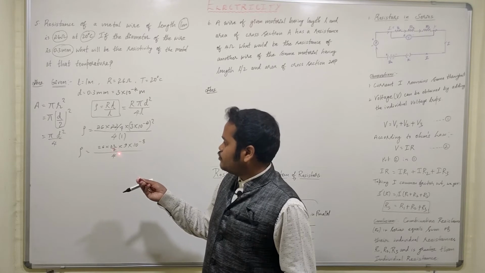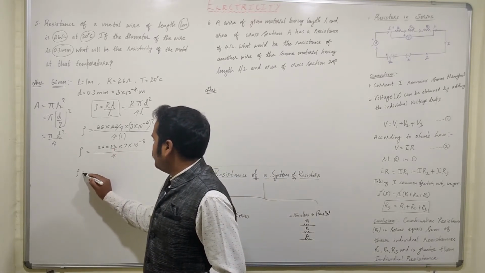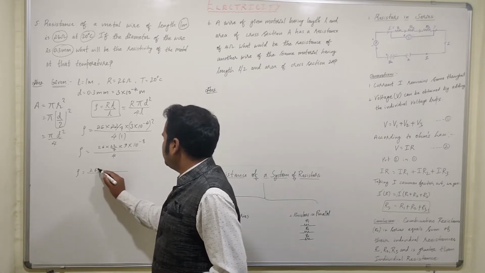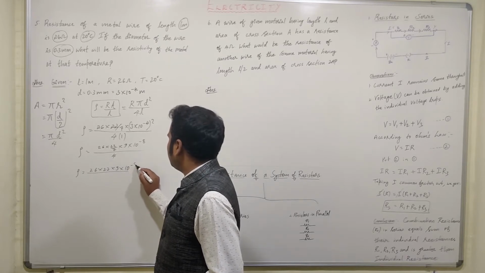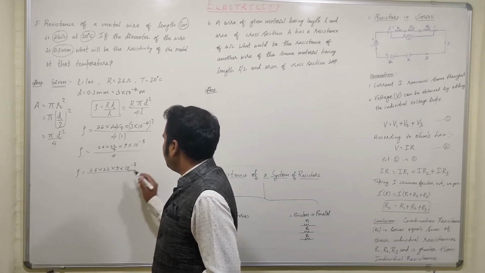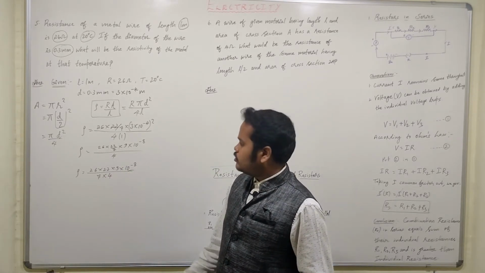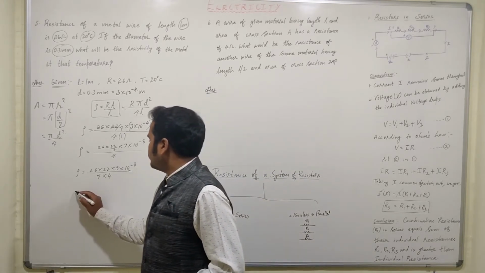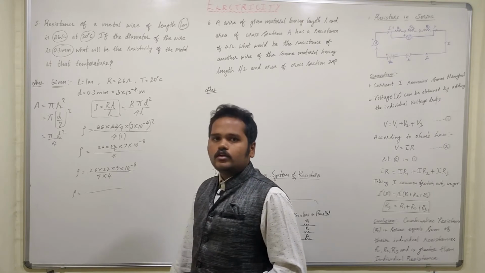Rho is equal to 26 into 22 into 9 into 10 to the power minus 8 divided by 7 into 4. So we have 7 into 4, and 7 fours are 28.